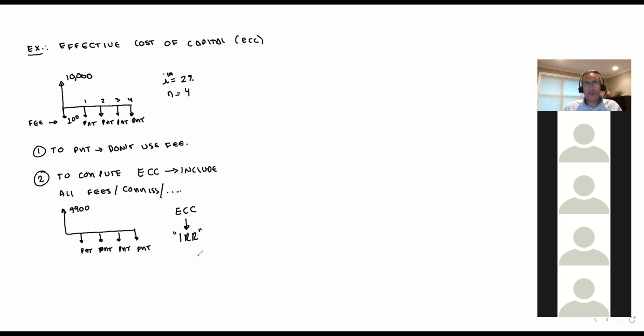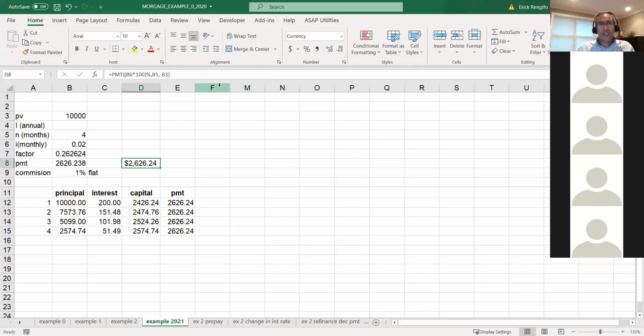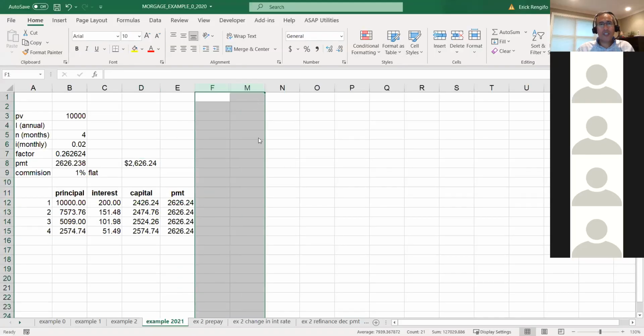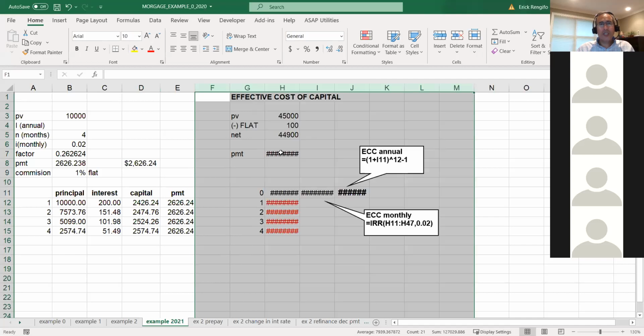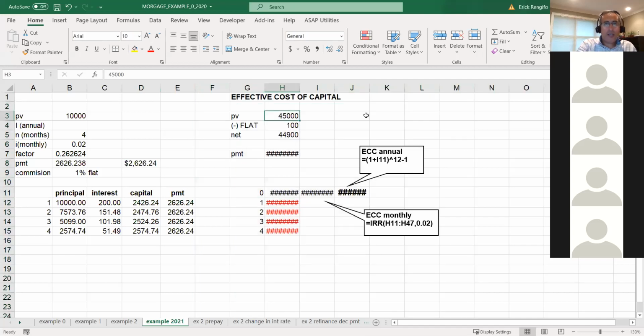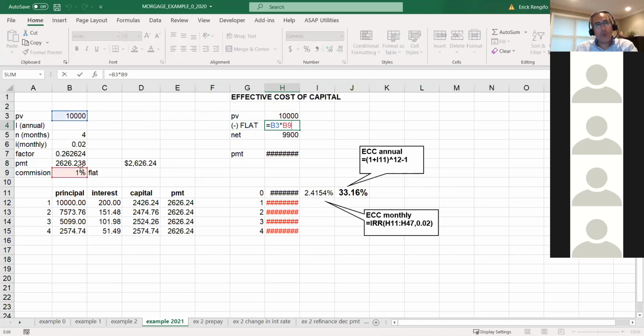Okay, so let's do that. I will show you this simple example, and then we can move to the more complex example. So now I can move this one here and see what I will do. Take a look. My present value was this. My flat was simply 1% of this $10,000, $100.